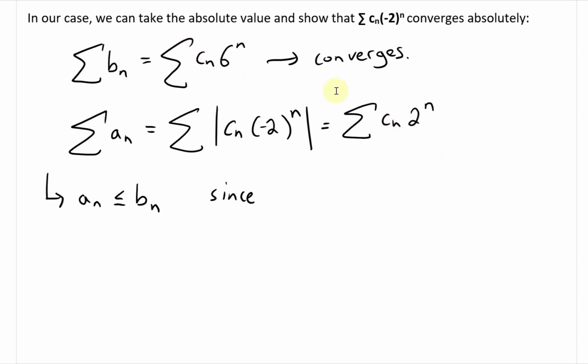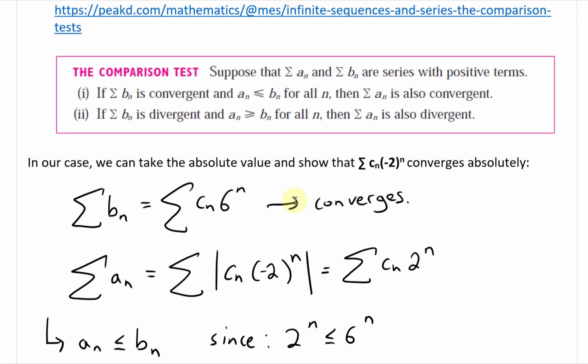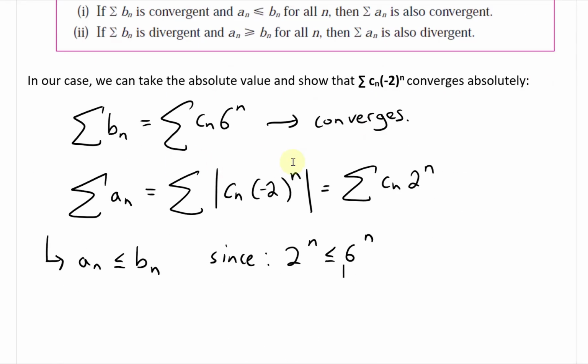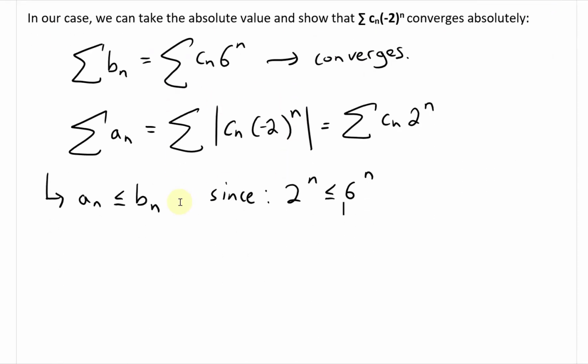The Cn's are the same. So since 2 to the power of n is less than or equal to 6 to the n, the only time it's equal is when n equals 0, because remember n is greater than or equal to 0. If n equals 0, then they're both equal to 1. So since this is always less than it, that means this a_n is convergent, and in our case, absolute values are convergent.